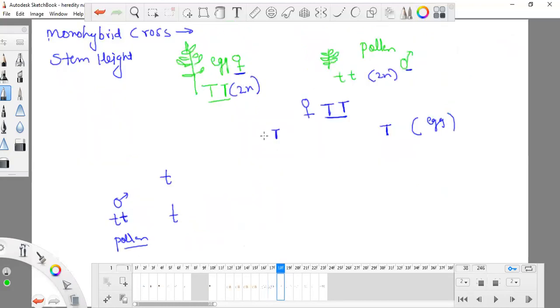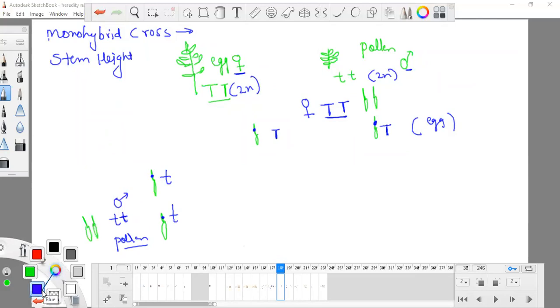If you want to make this, then this one and this one. And if you want to make this, then it will be like this one and like this one, and they have T. It is T here, small t is here, and small t is here. And for the parents, if I want to draw the parents, the parents are like this, and these parents are like this.